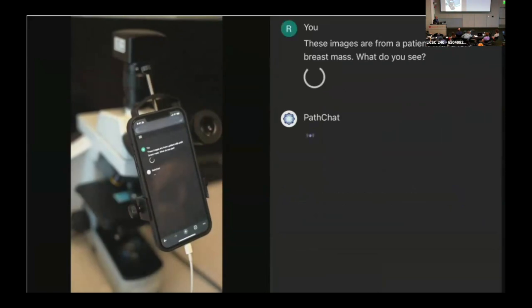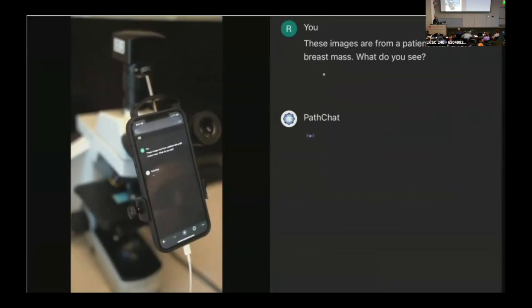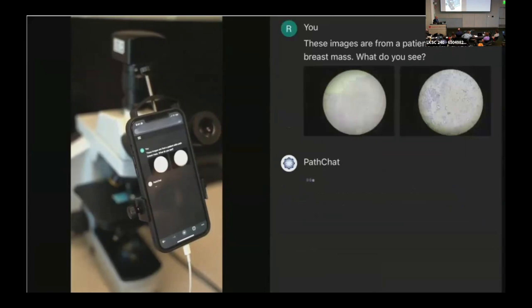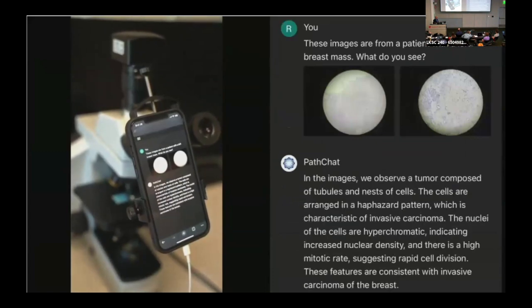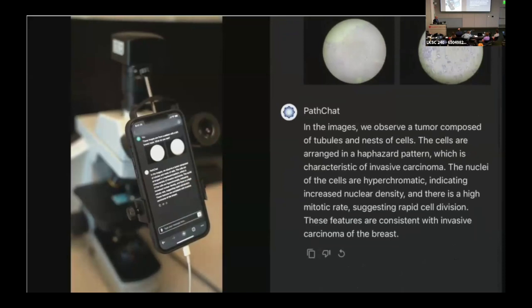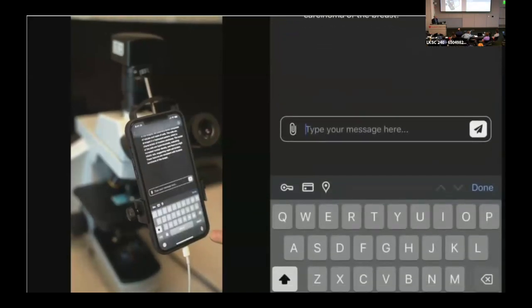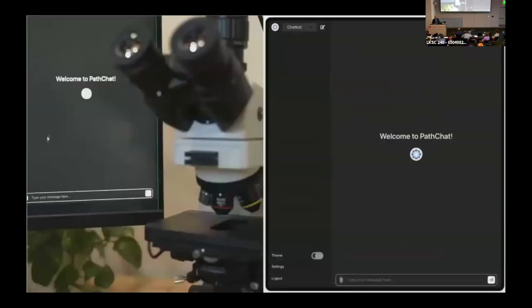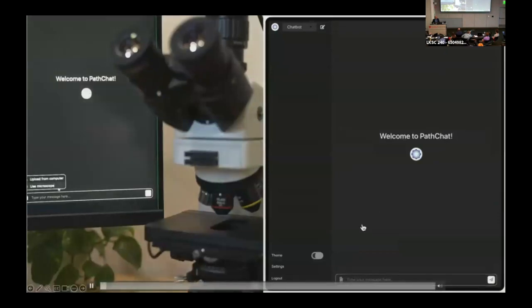So if it would be possible to get responses for these images immediately, it could have a lot of value. So that's what we tried to do here, and assess whether the model is adaptable to these situations.